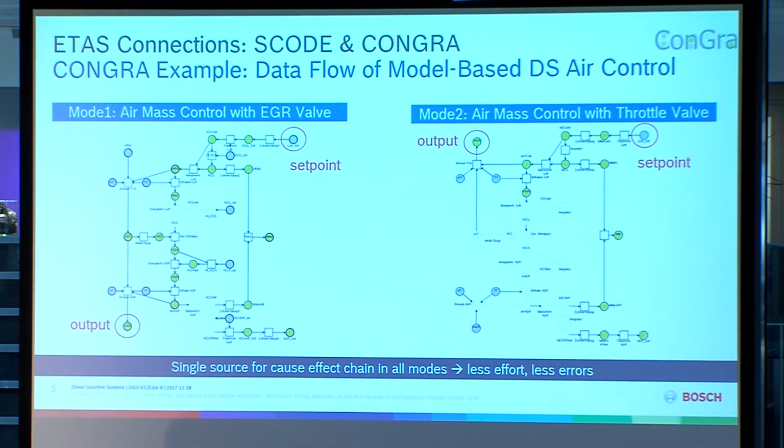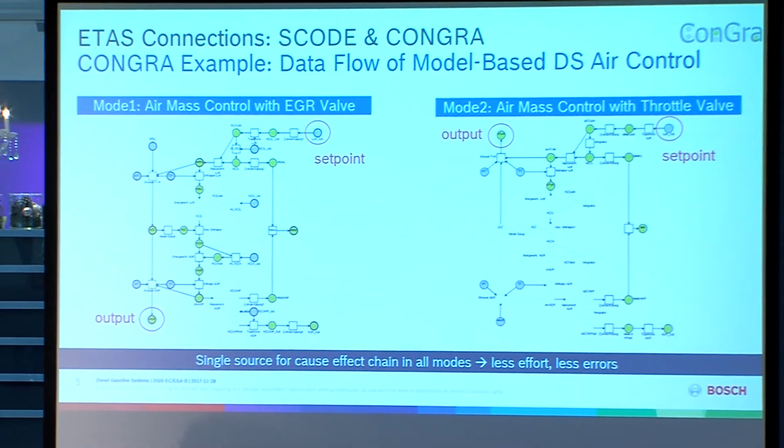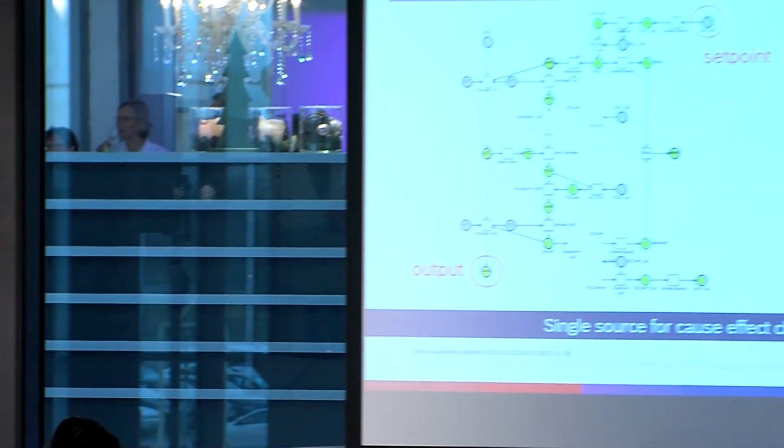So there is a second approach that was presented by Mr. Behle. These are our constraint graphs, Congra. So I said it's not directional. I don't say this is my input and that's where I want to go. I take my equation. There's no directionality in the equation.